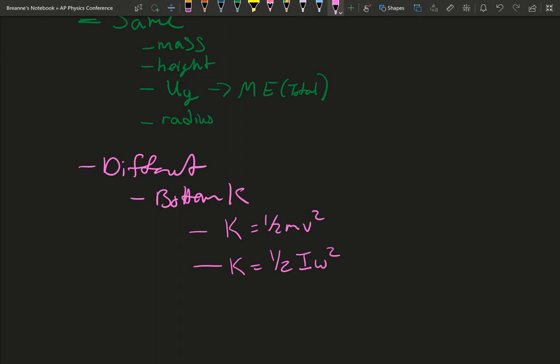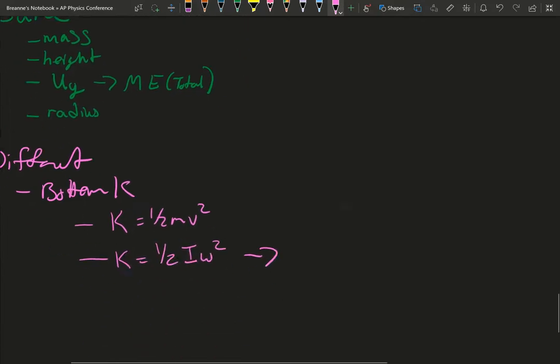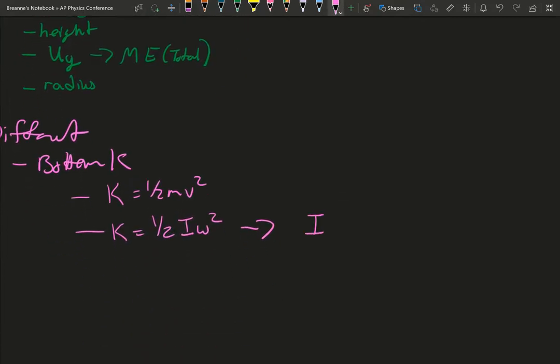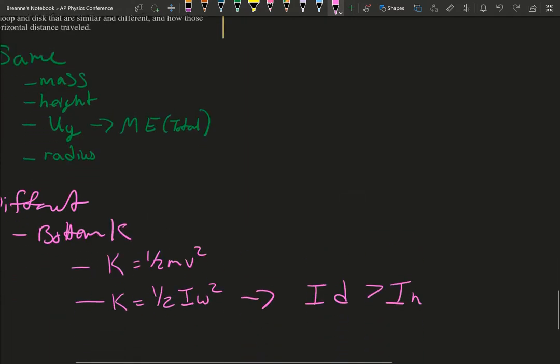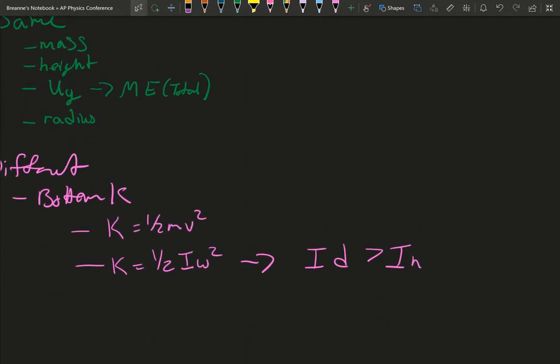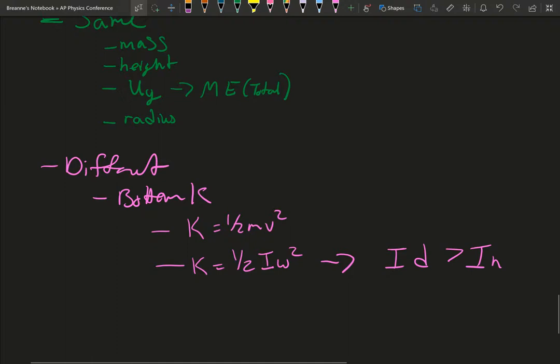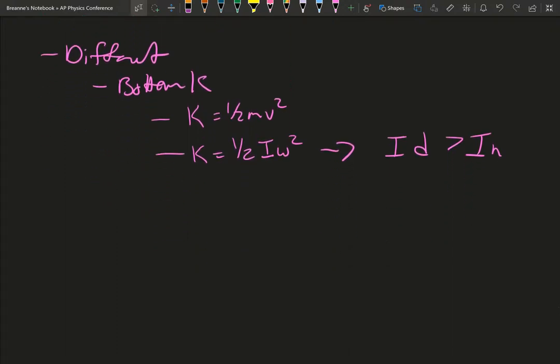So you do have two kinetic energies. And since we stated above that the moment of inertia I for a disk is greater than for a hoop, that means your rotational KE is going to be greater.